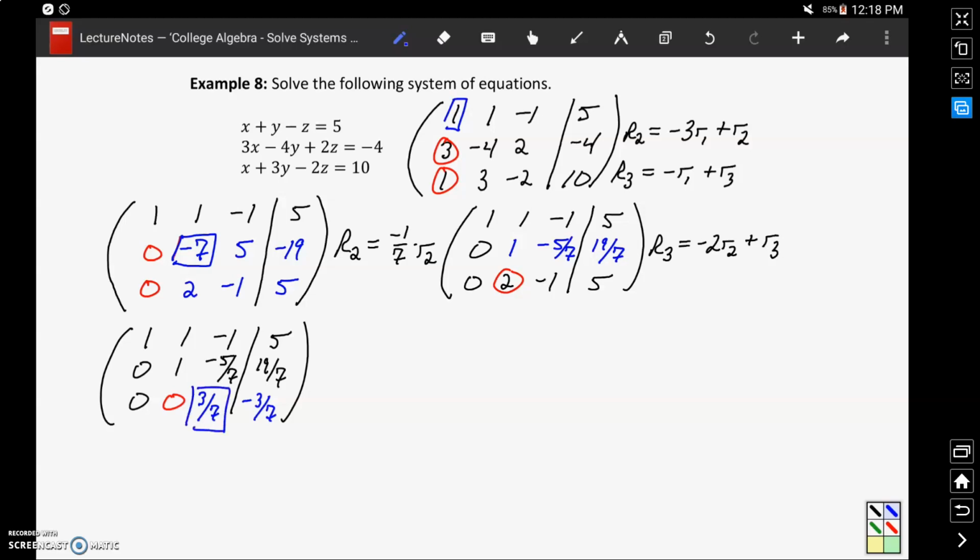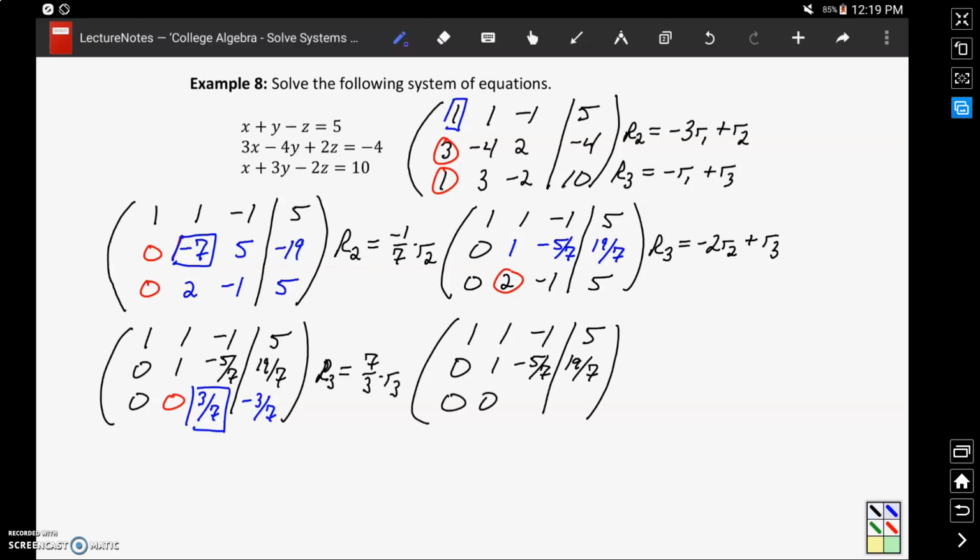Now to convert that value in row 3, column 3 into a 1, we'll take all of our values in row 3 and multiply them by 7/3, which will update row 3 to be 1 and then -1.